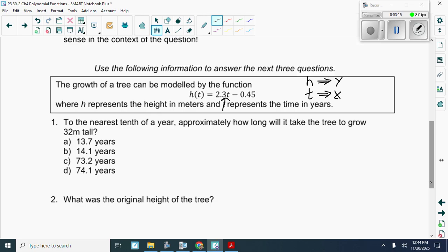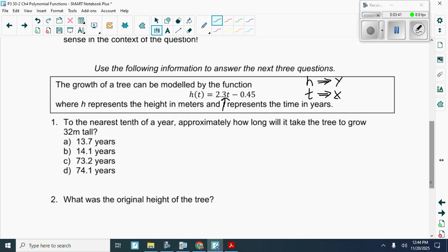So what happens if they give you an equation, they don't give you a table of values, and they want to know to the nearest tenth of a year approximately how long will it take the tree to grow 32 meters tall? What would you do? And then what?